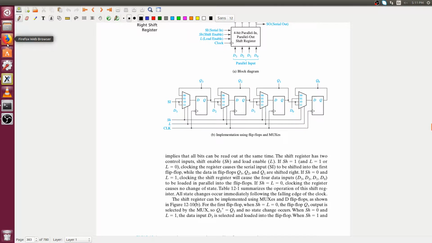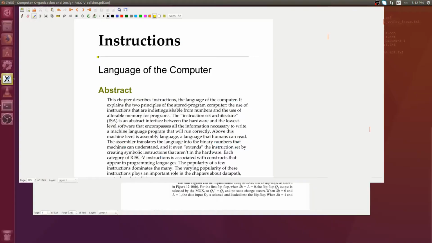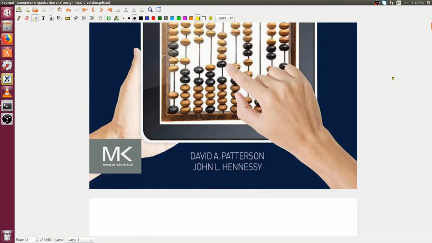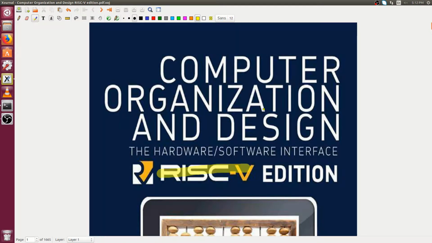So without further ado, let's get back to what we were talking about yesterday. Yesterday we went through all of chapter 1 of this book over here. Let's go to the top. The Patterson and Hennessy Computer Organization and Design, the RISC-V edition.